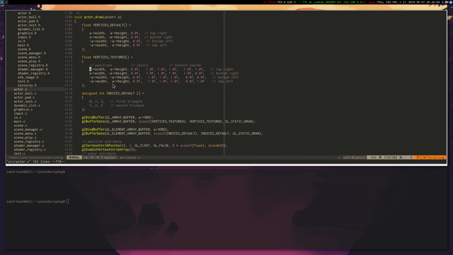These are just actually copied from the OpenGL tutorial that I was looking at in previous videos. I don't know why they did it like this, I don't like to have the coordinates like this. We're gonna do it like this. We're gonna start from 0.